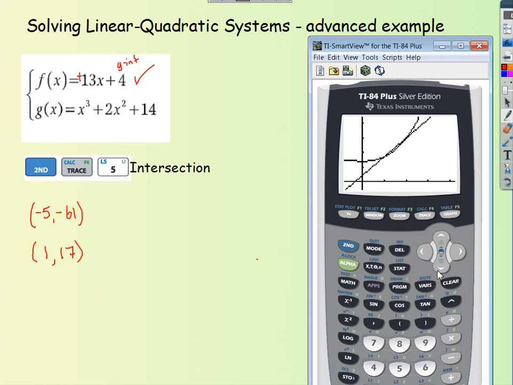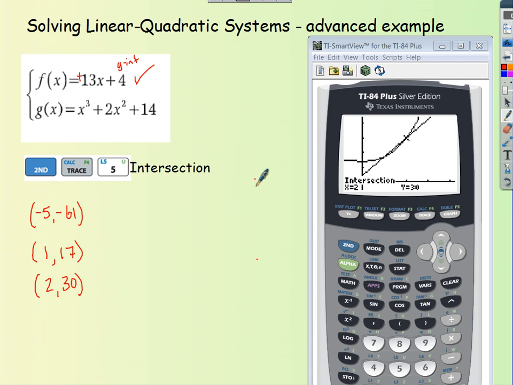So I press enter, and it spits out one more intersection. It tells me that I also cross at 2, 30. So I have 3 solutions to this system, 3 places where these two functions intersect, and therefore three ordered pairs that will make my system true, that will make both of these equations equal.